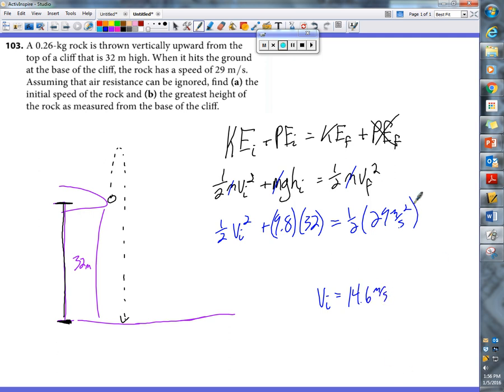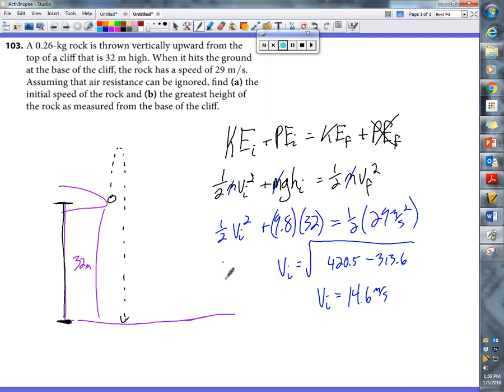Make sure that we don't forget the squared there. When I wrote this step before, we forgot the squared. So again, kind of doing this in a backwards order. v initial winds up equaling the square root of 29 squared times 1/2, 420.5 minus 9.8 times 32, which is 313.6.